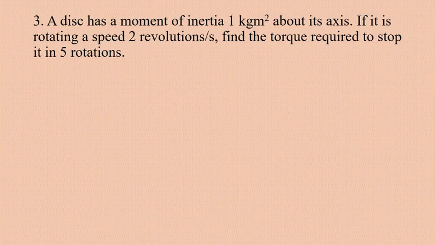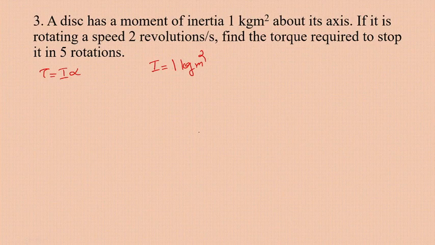Here we have to find the torque required to stop a disk which is already rotating at a speed of 2 revolutions per second. So how can we do this problem? First we can find an expression for torque: tau is equal to I alpha. We are already given the moment of inertia, I is 1 kilogram meter square, and we don't know alpha.